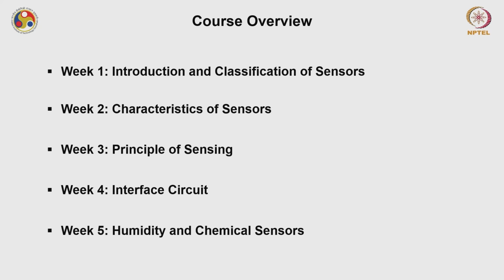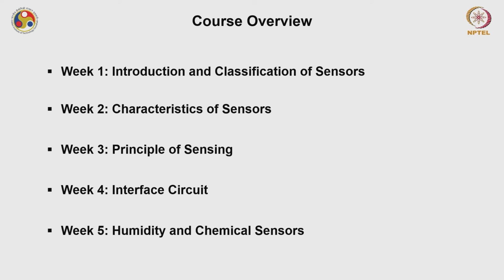All right. In the second week, as I have mentioned, we'll be discussing different characteristics of sensors. These characteristics can be of various types. It can be reproducibility of a sensor, repeatability of a sensor, hysteresis error of the sensor, full scale output with full scale input, which is known as span, dynamic range of the sensor, and various other points are there.